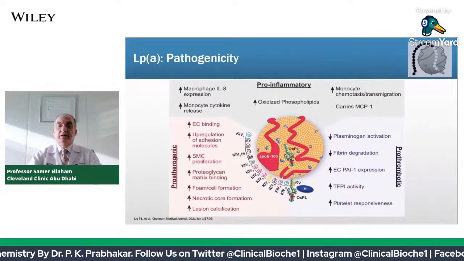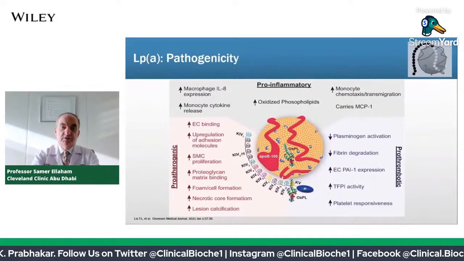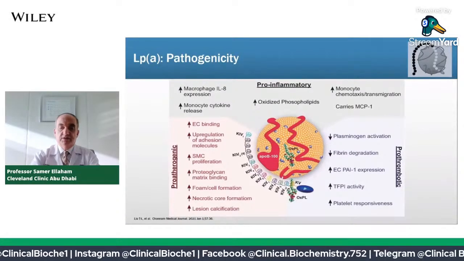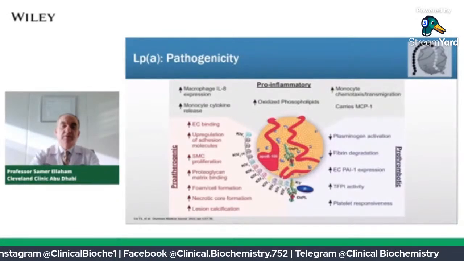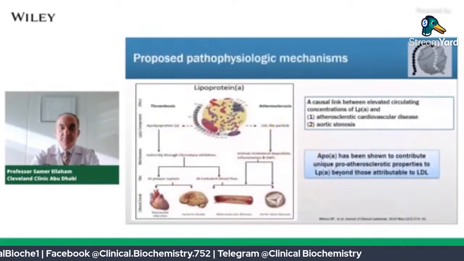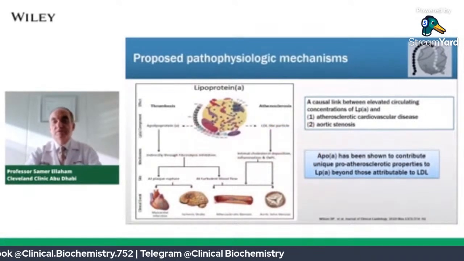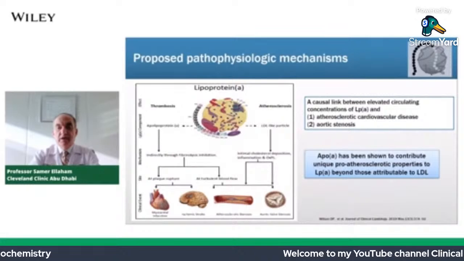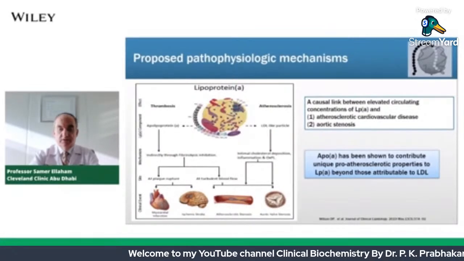So this is a triad or a trio of concern, and yet Lp(a) is rarely, if ever, checked on patients and even physicians and family members. The proposed pathological mechanism from the Wilson paper that I show here that looks at atherosclerotic cardiovascular disease and aortic stenosis is even more interesting.